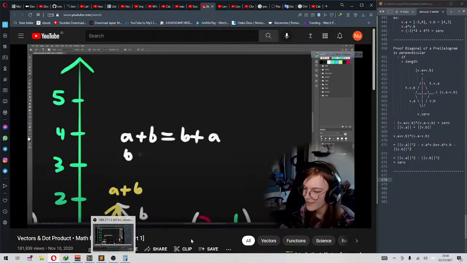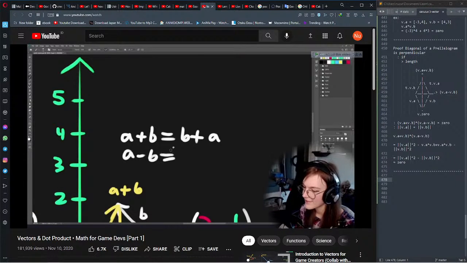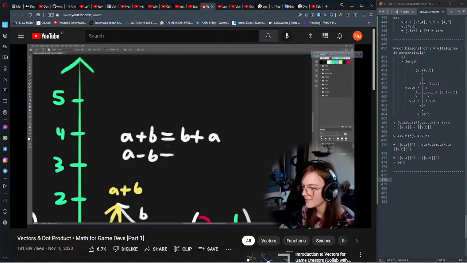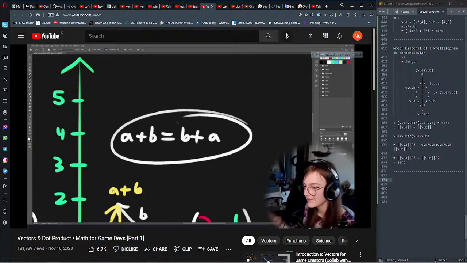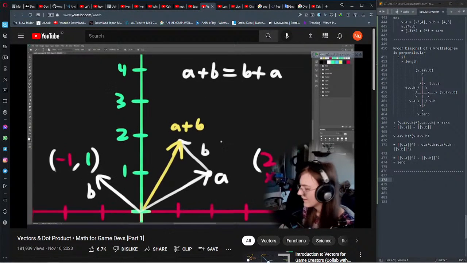But remember that that's not the case if you have a minus b, that's not equal to b minus a, right? So it's not always the case that if you flip the values, you get the same result, right? So it's really important to keep it in mind. I always forget if it's commutative or which one is which. There are terms for this.